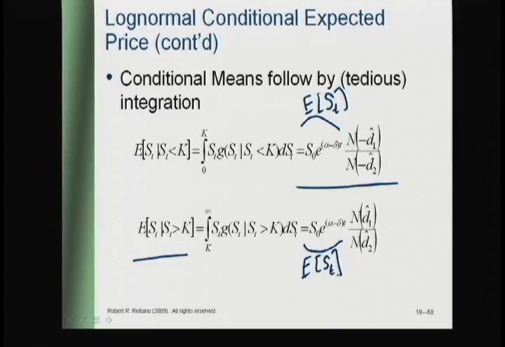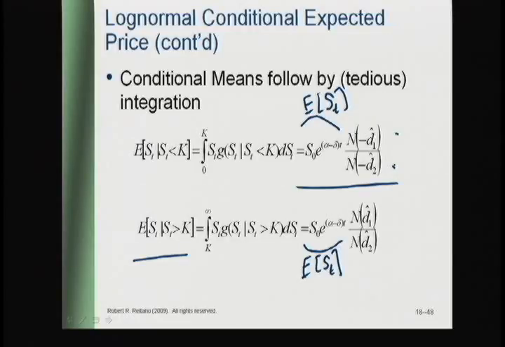Now, interestingly, the conditional mean when S is less than K, that's obviously important for puts. And what we see here are both probabilities one sees in the Black-Scholes put formula, N of minus D1, N of minus D2. Again, without the hats, but that's just alpha to R exchange.